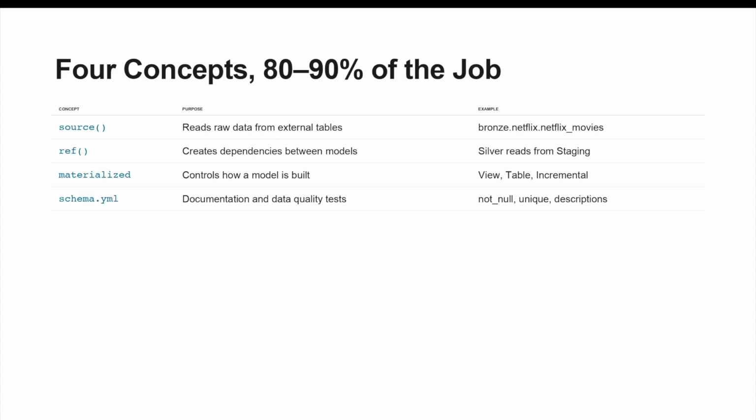What is the source, from where we are bringing the file. What exactly is the reference, from where you are referring to that model. What is the materialization, whether it's a table, a view, or incremental data. And then schemas, which, as I said, are the generic tests.